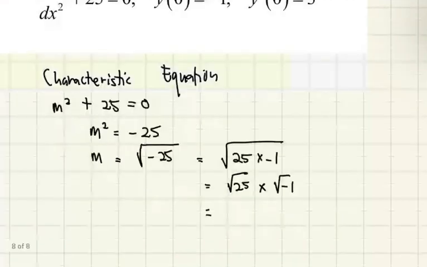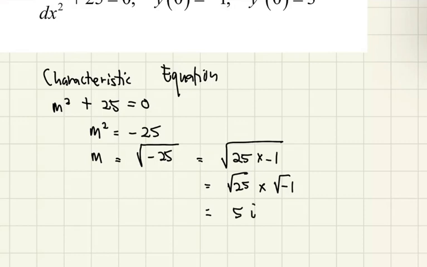Square root of 25 is 5. Square root of minus 1 is i. So the answer is plus minus 5i.